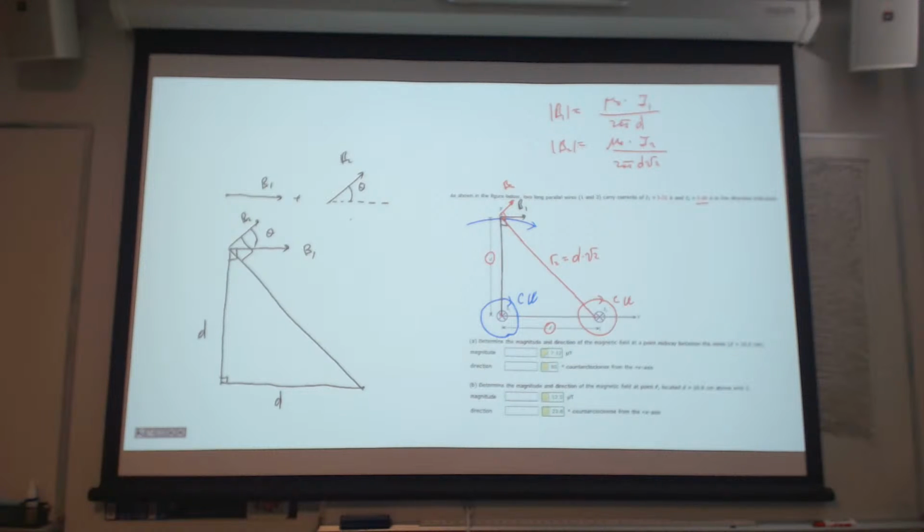So you can find it using the length of the bigger triangle. Well, we know it's D times square root of 2. What is this angle equal to at the base? One over root 2.